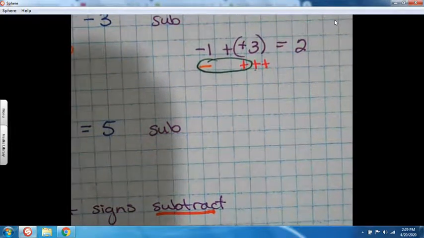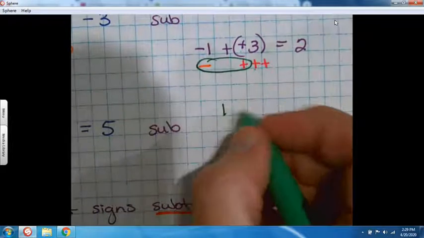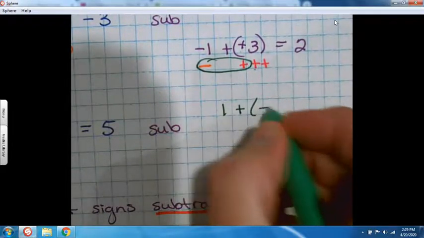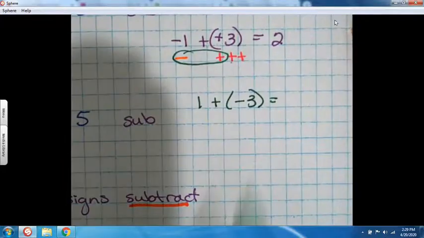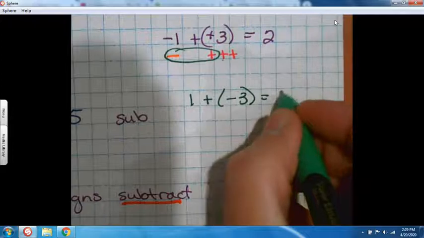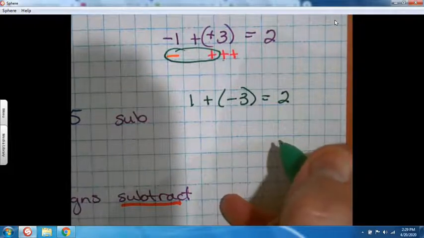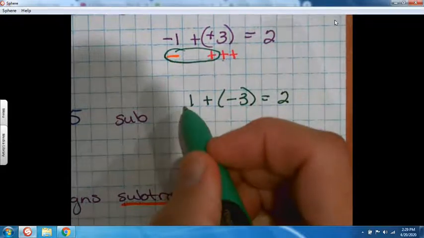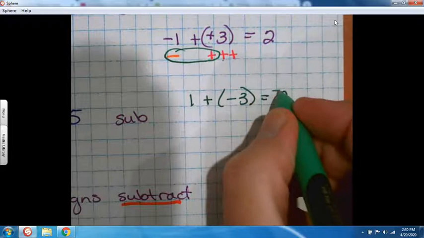Okay, let's switch this up a little bit. So now let's say positive 1 plus negative 3. Signs are different, so we're going to subtract. So 3 minus 1 is 2, but is it going to be a positive 2 or a negative 2? Well, I only have 1 positive here, but here I have 3 negatives. So it's going to be a negative 2.